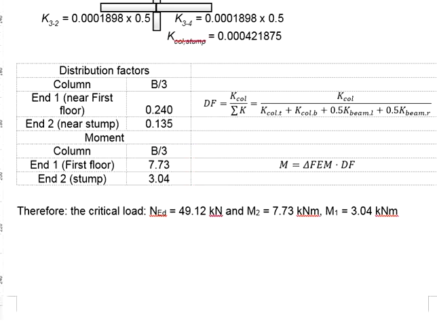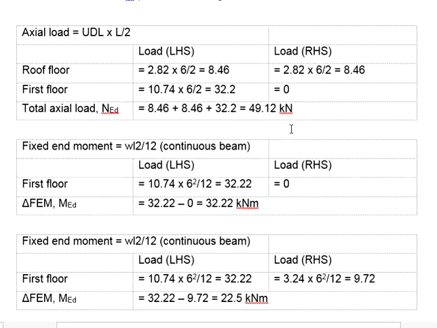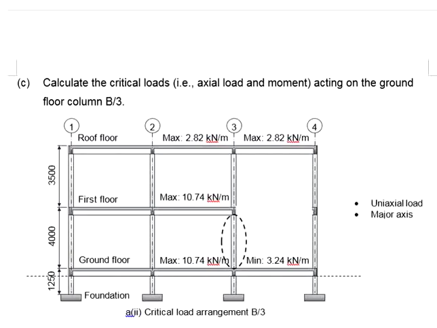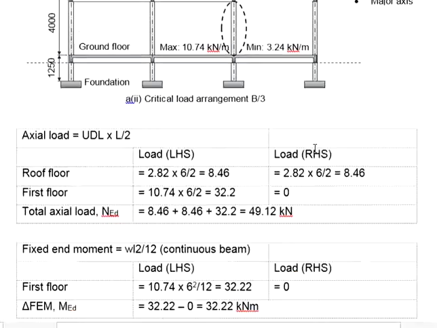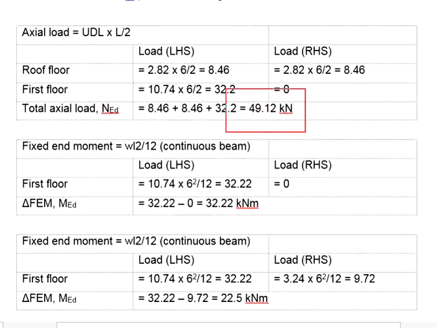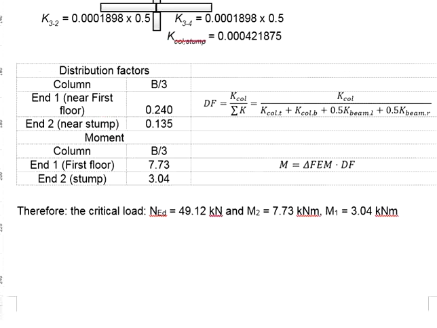To conclude this, you have calculated the critical load based on the critical load arrangement for this column. The total axial loads is 49.12, and the moments at both ends of the column will be 7.73 and 3.04.